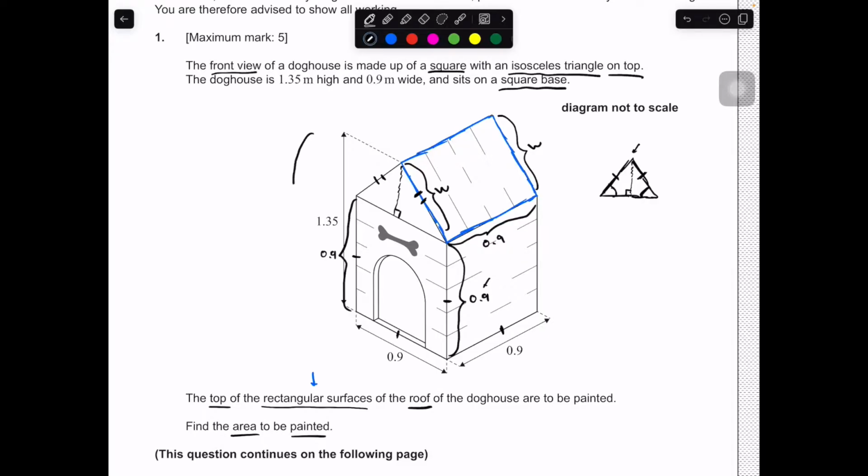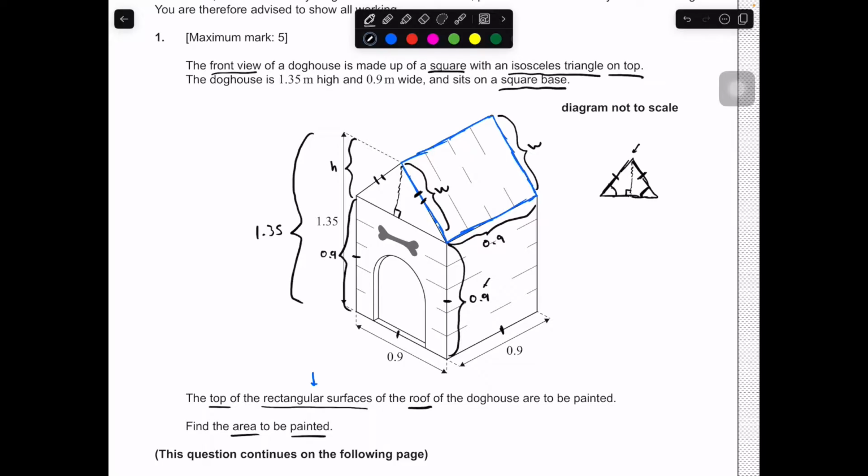So if the total height is equal to 1.35, and we know that the height of the doghouse just up to this portion right here is 0.9, the question becomes, okay, well, how much further would we need to go if we wanted to reach our equivalent height of going right up to the tip? Base to tip is 1.35, this is 0.9, and so this height, this h, must be the missing piece essentially.